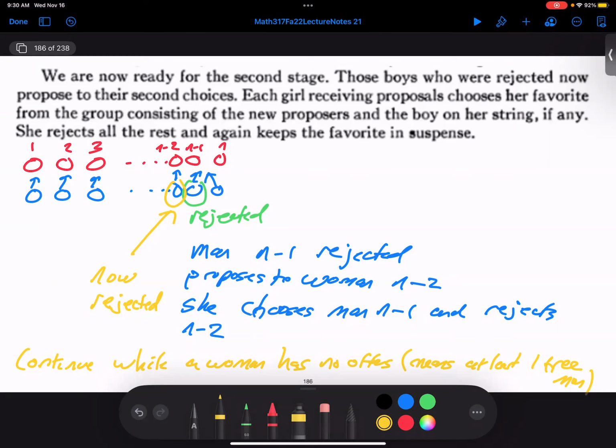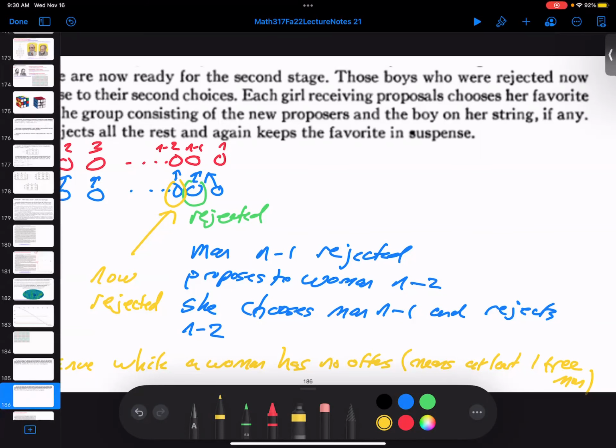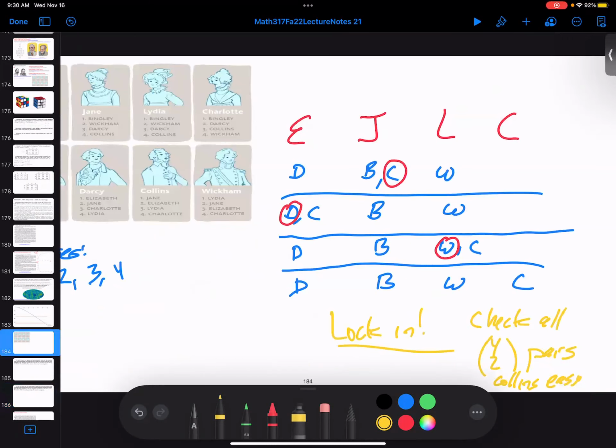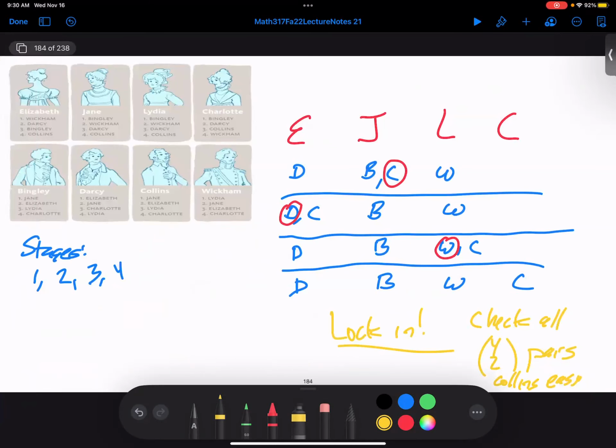Now that's the danger, if nobody ever proposes to someone, we're in trouble. So why do we know that each woman will eventually get an offer? What must be true? We can go back and look at the image with 4 women and 4 men.